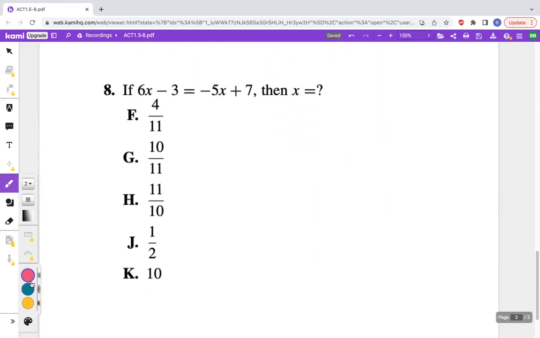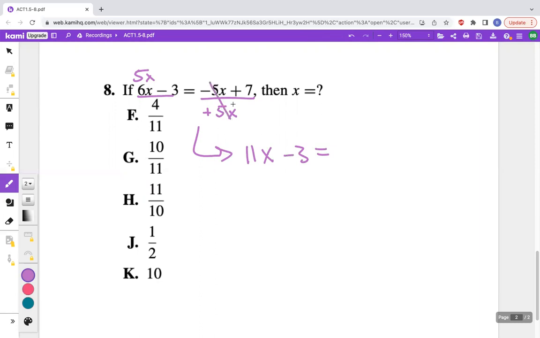All right, here's just a really classic algebra problem. So we'll have to move the x's to the same side. So I'm just going to start right away by adding 5x to both sides. I know 5x plus 6x is 11x. We keep that minus 3 for now.